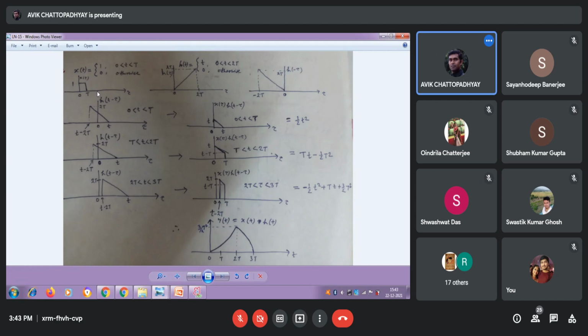Beyond 2t, this tail will definitely enter the right hand half of this axis, or this quadrant, fully. There will be no value in the second quadrant like in the two previous cases. So all parts of the signal will come to the first quadrant. That means all parts will be there for the positive value of tau.